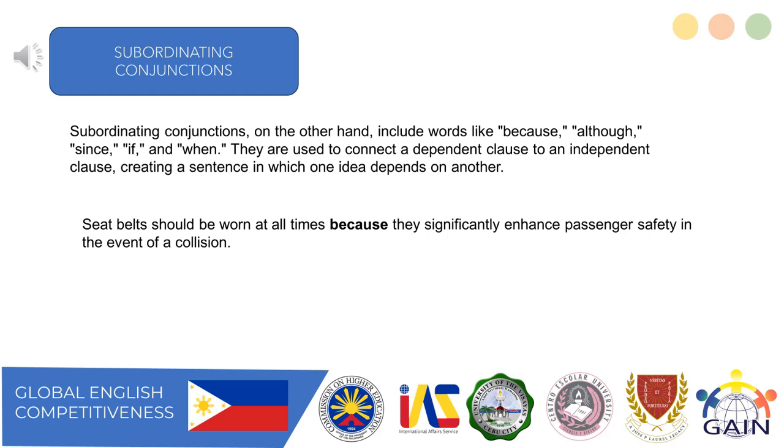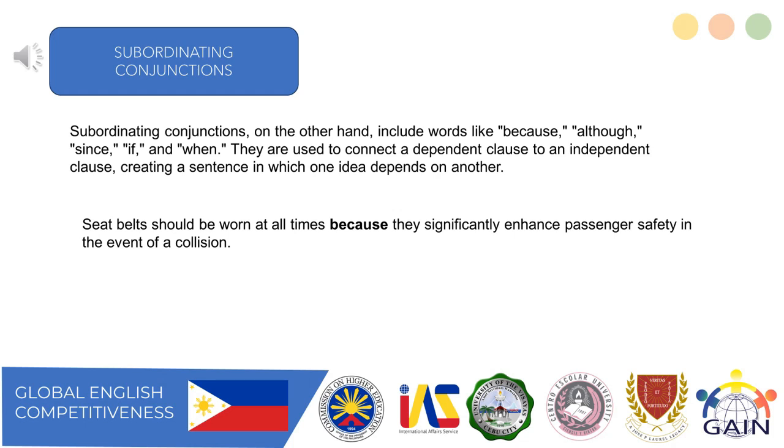If coordinating conjunctions connect words of equal grammatical weight, subordinating conjunctions, on the other hand, include words like because, although, since, if, and when. They are used to connect a dependent clause to an independent clause, creating a sentence in which one idea depends on another.